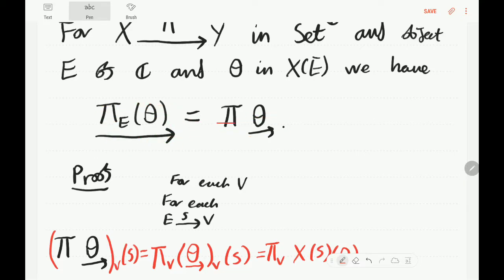We want to show that these two natural transformations are equal. So we'll pick an arbitrary component, in this case the V components of these natural transformations, and we're going to see how those natural transformations work for an arbitrary member of the source set.